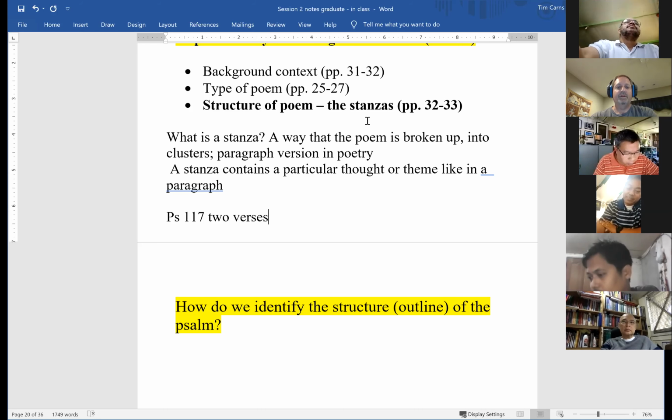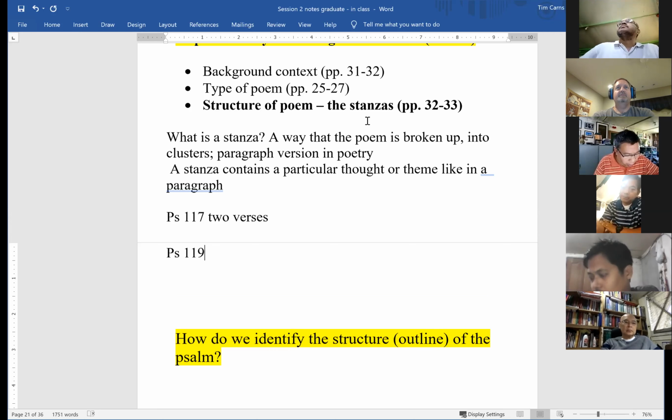But you have Psalm 119. Who can tell me how many stanzas are in that psalm? How many letters are in the Hebrew alphabet? Any Hebrew scholars among us? Was it 20 or 23? You're close. Yeah, 22.